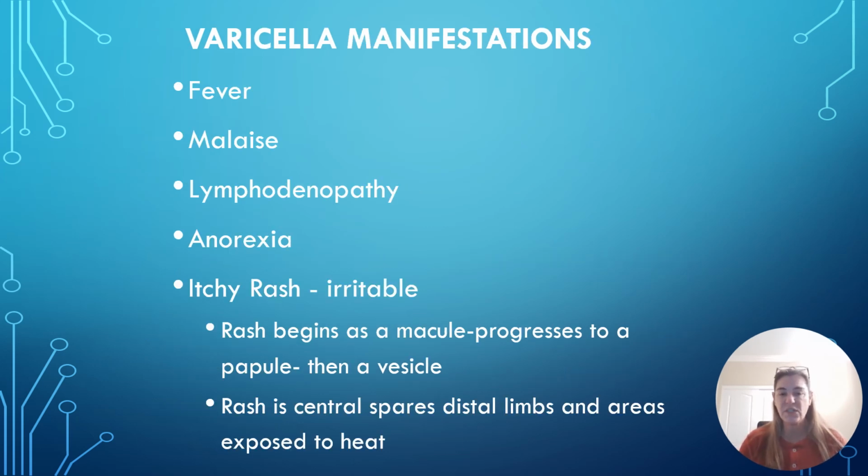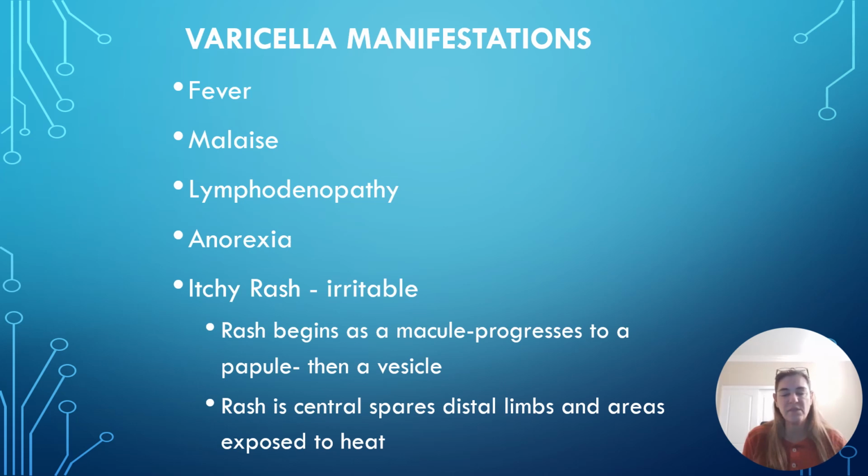So manifestations, symptoms of chickenpox. Non-specific symptoms include fever, malaise, or lethargy, just a little lethargic kid who doesn't feel like playing. They have swollen lymph nodes. They don't feel like eating or drinking much because they're not feeling very good. And then you get the itchy rash.